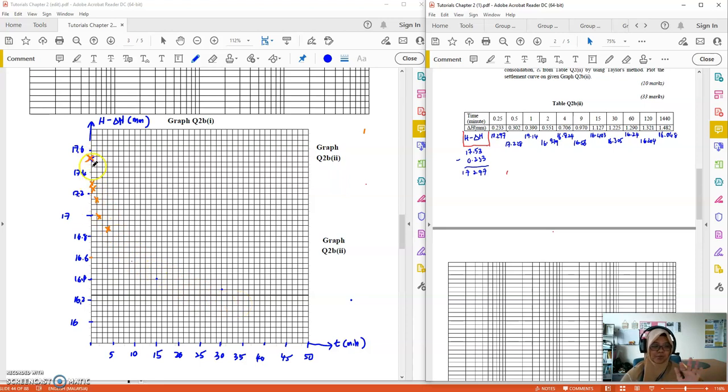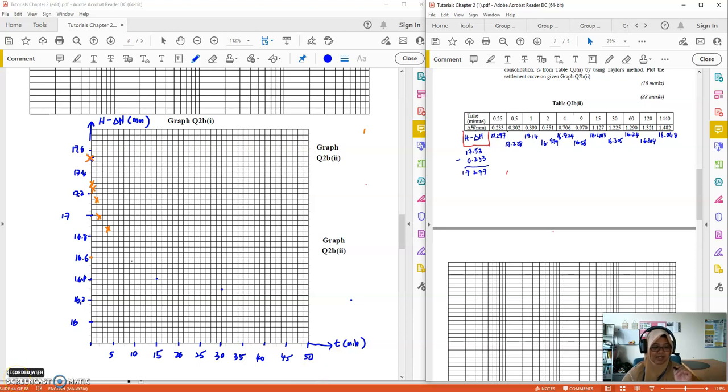What I'm trying to plot here, I already plot up to, I think, 4 minutes. And we can continue for the 9, the 15, the 30, the 60, which is already out of the bound of this graph paper. But at your home, you can rotate the graph paper and maybe you can plot up to 120. It is based on what you pick for the size of the axis for X.